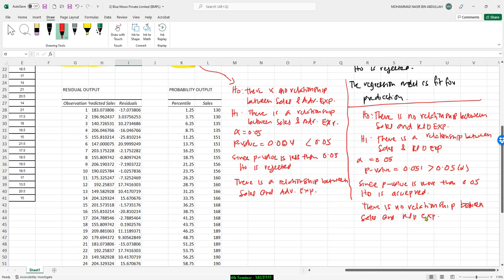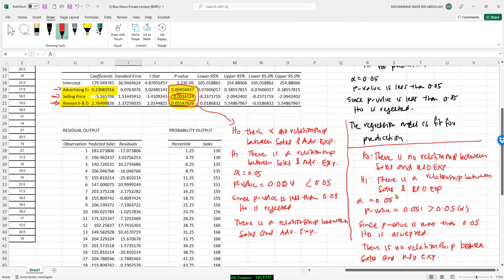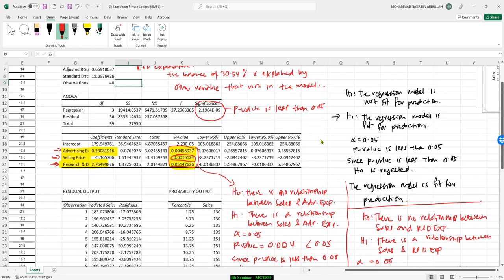Okay, can you understand? For selling price, it is the same concept because the p-value is less than 0.05. So all of this must be in your report. In your project report, if you do regression, it must be there. At least one descriptive and one inferential. This is inferential. Okay?